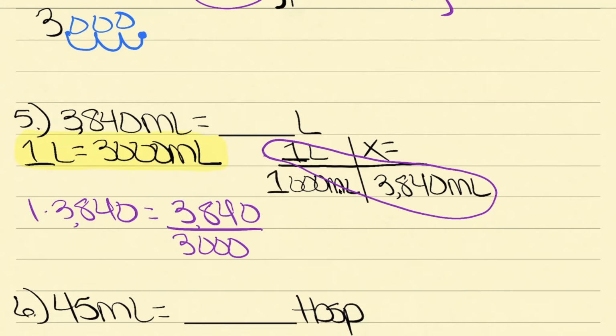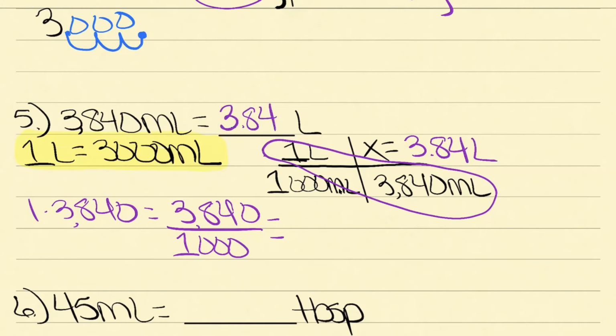This should be 1,000. I'm so sorry. You probably were like, what is she doing? So 1,000. So 3,840 divided by 1,000 is 3.84 liters.